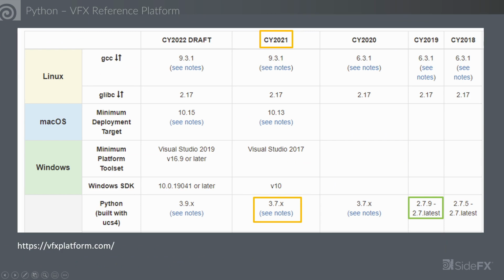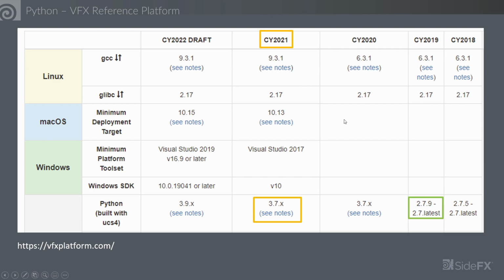So here's the interesting part that we've all been dreading. The VFX reference platform specifies that in 2021, the Python versions that should be used in the large DCCs and other software should be 3.7.x. As you can see, in 2019, this was 2.7.9.